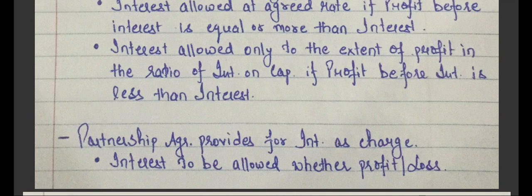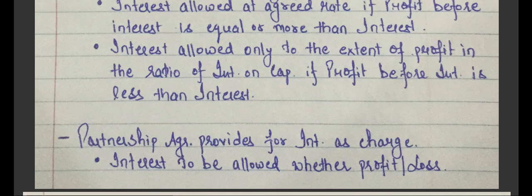Now, if the partnership agreement provides for interest as charge, if the partnership deed clearly states that interest on capital is to be treated as a charge and not as an appropriation. Clear? Now, if an item is a charge, then what? If it is clearly stated that interest on capital is to be treated as a charge, then interest is to be allowed whether there is a profit or there is a loss.